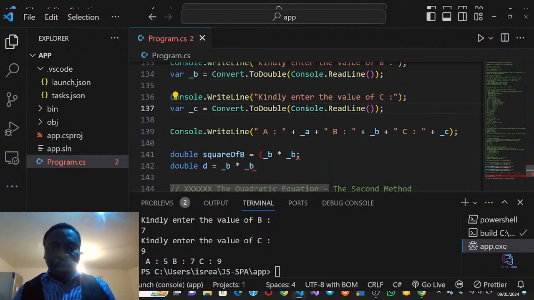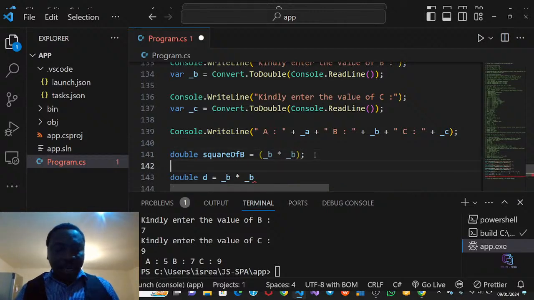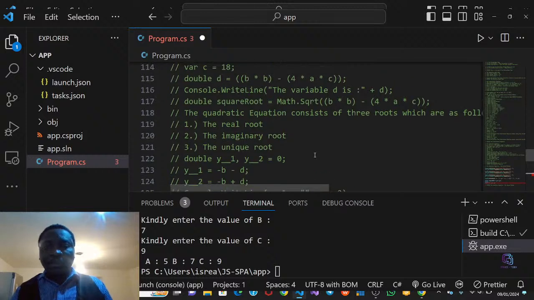So with this, I think we have our problem solved. So square of b is converted to double. Now next, we're trying to break it down. That's 4ac.